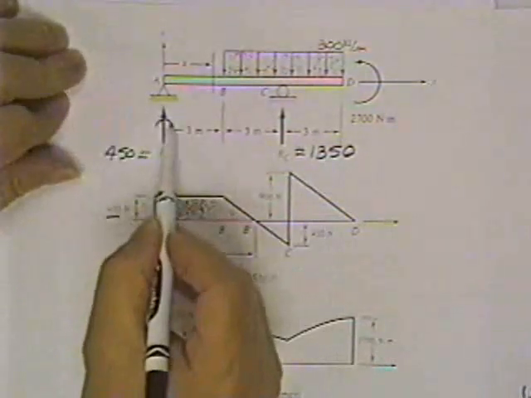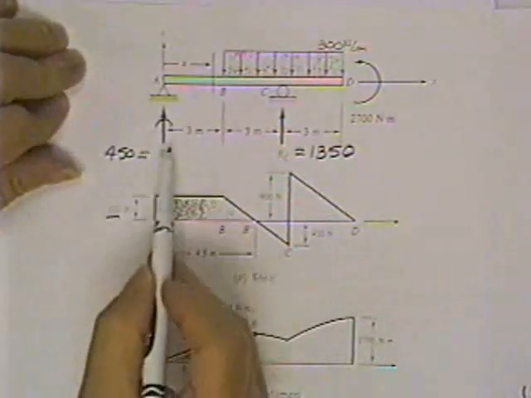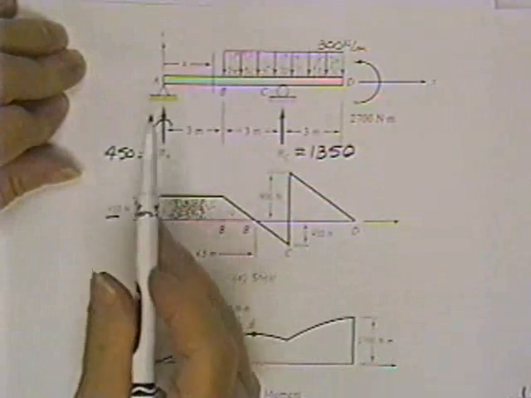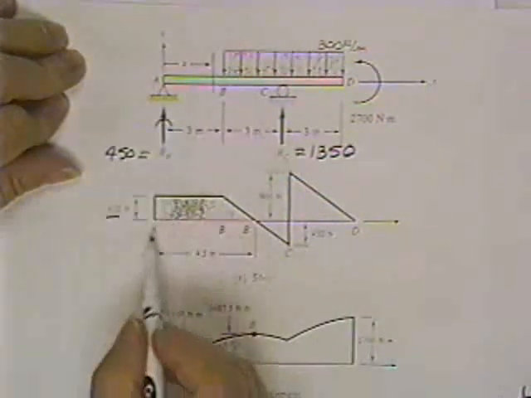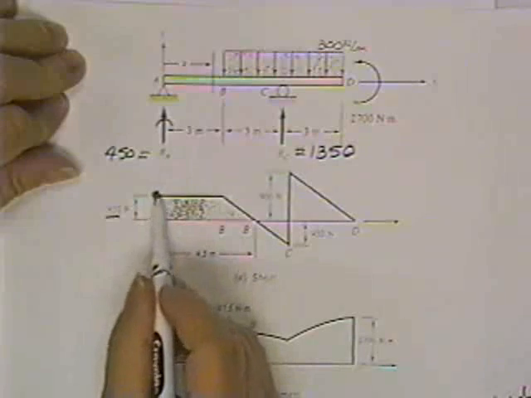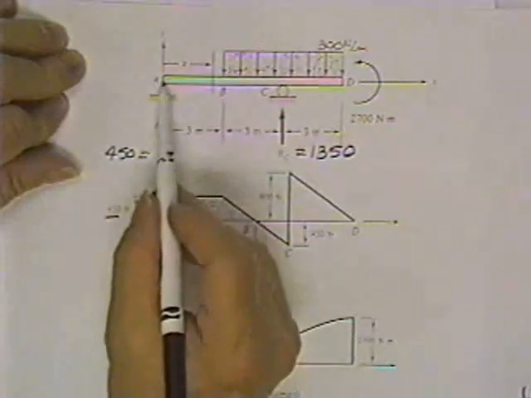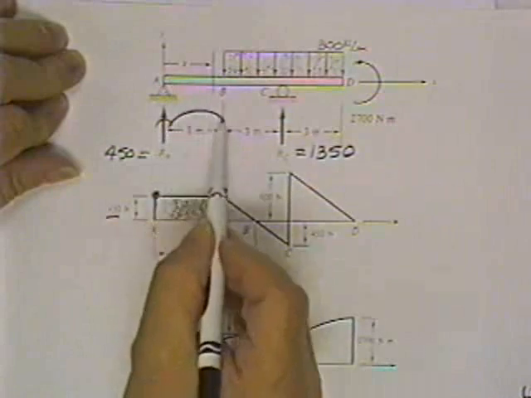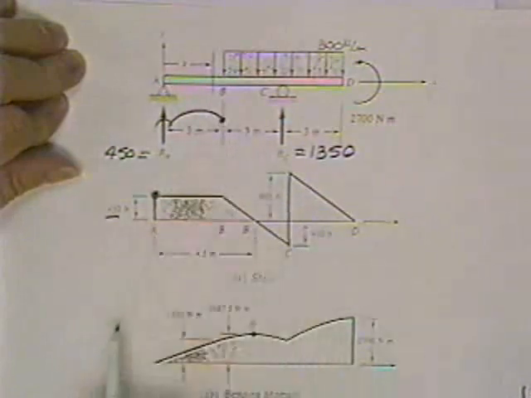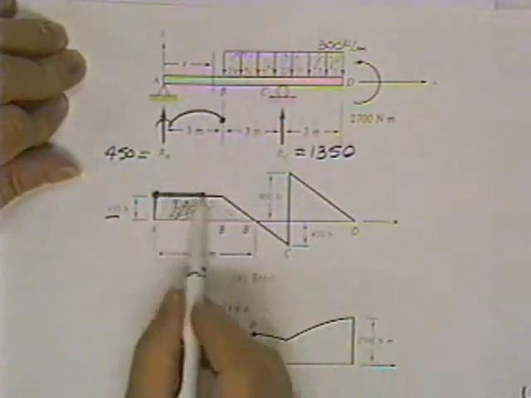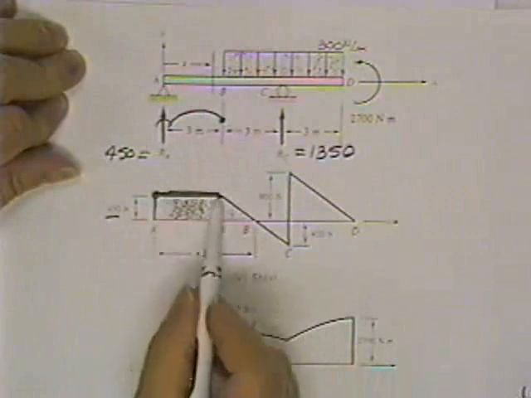As you go across point A, you cross a 450 instantaneous push-it-up arrowhead. So you push it up 450. As you go from A to B, you cross no load, and therefore you don't do anything.